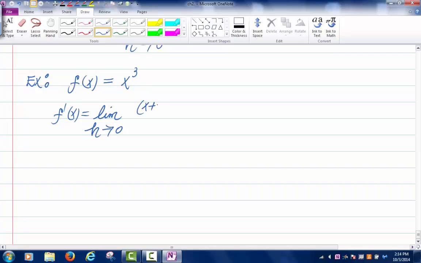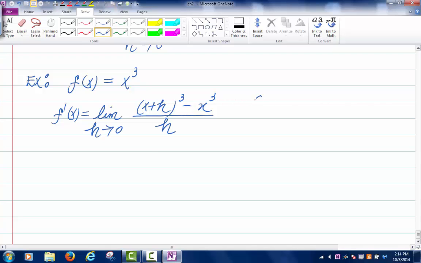It would be x plus h cubed, right? And then you're going to subtract the value of the function at x, divided by h, right? This is what you get for f prime of x. How would you compute this limit again? Again, you can multiply x plus h 3 times, okay? And simplify everything down and do it that way.